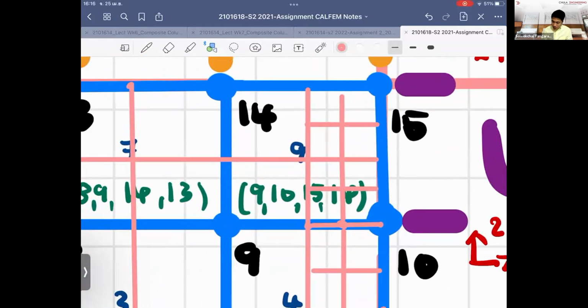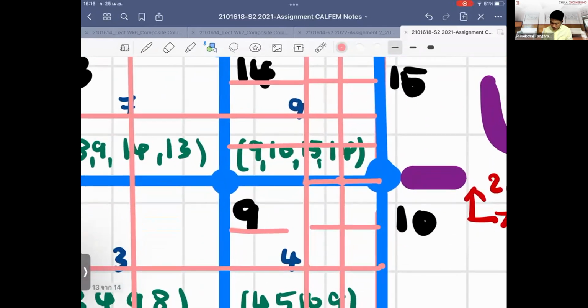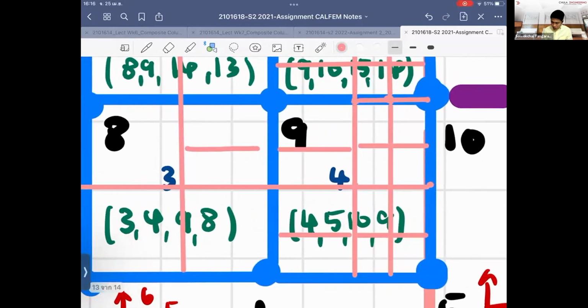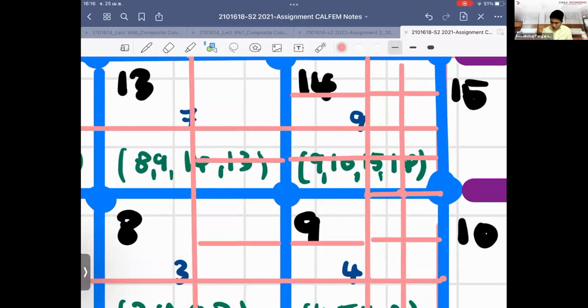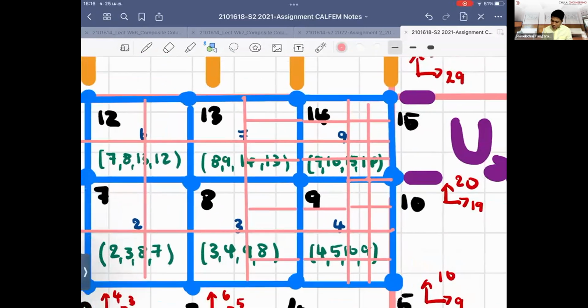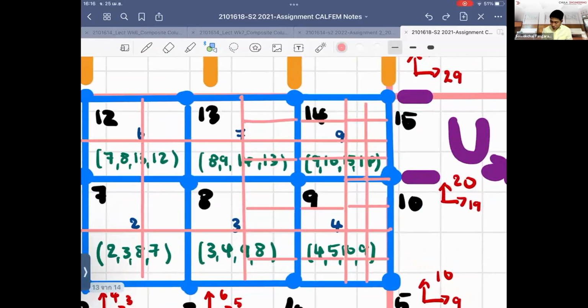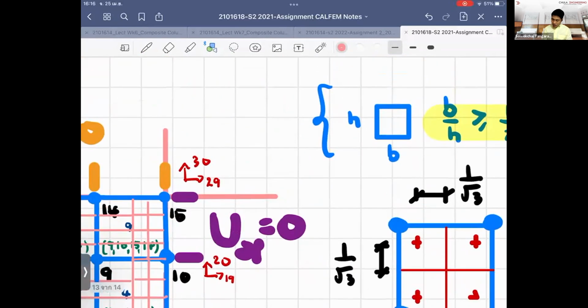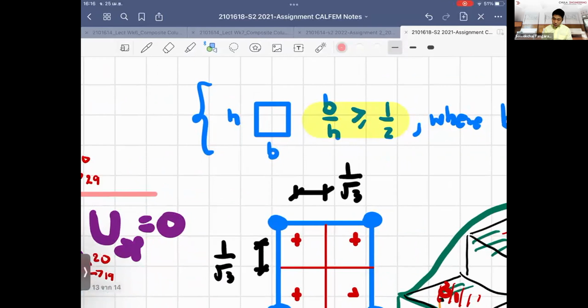And when you discretize this element, you have to keep doing this. If you keep doing this, you have to go all the way to stop the hanging node. And when you have this aspect ratio of the element, it doesn't look nice because it will make it above 1:2.